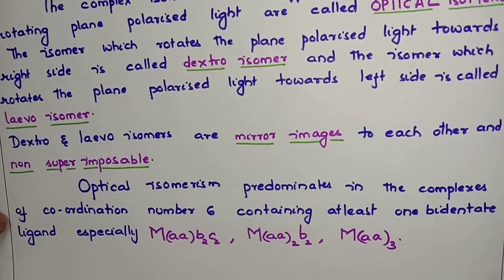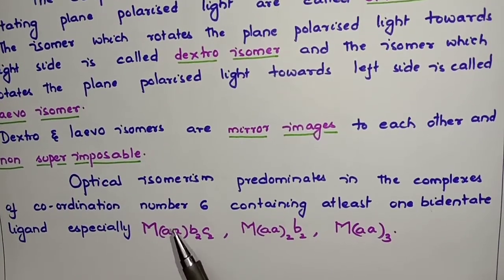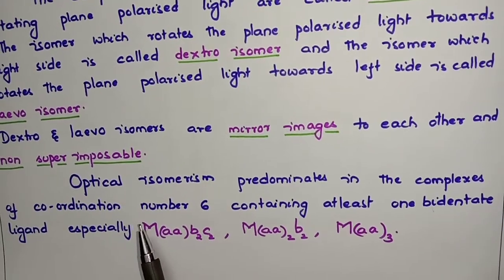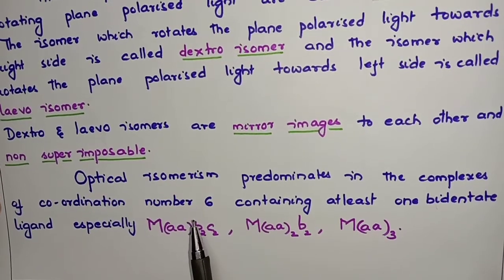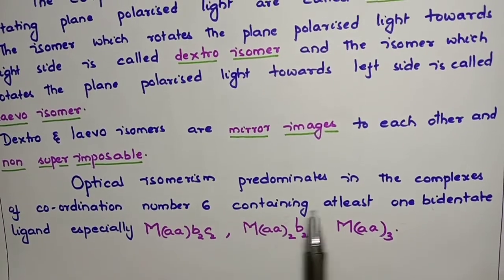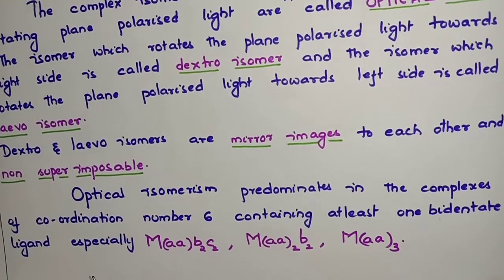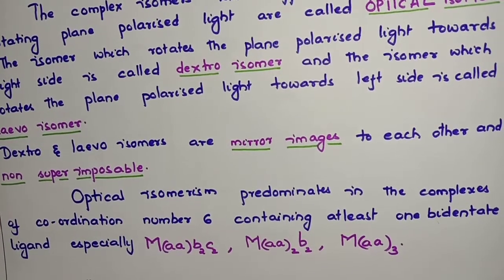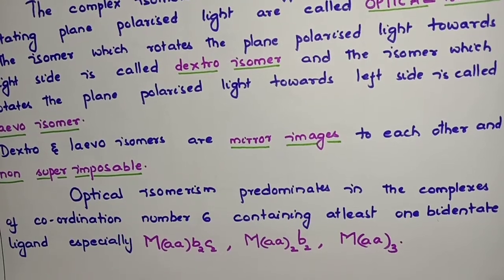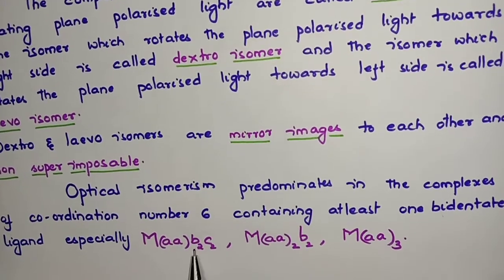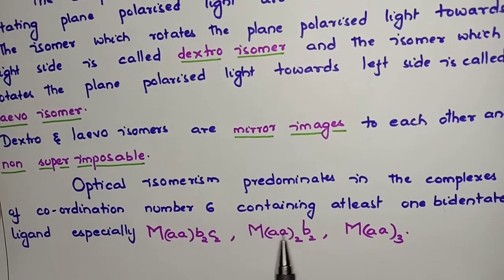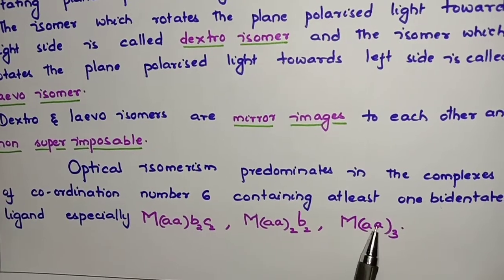Next, this optical isomerism is mainly seen in the complexes of coordination number 6, that is octahedral complexes containing at least one bidentate ligand. What is a bidentate ligand? Which has two donor atoms. Especially in types like M(AA)B2C2, M(AA) twice B2, M(AA) thrice.